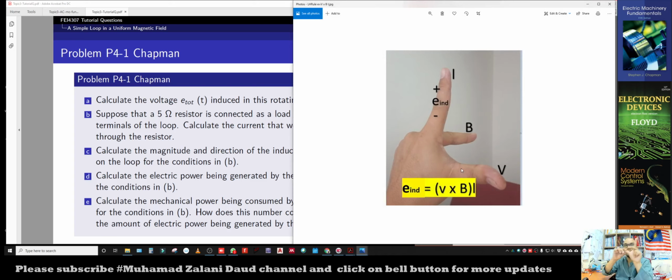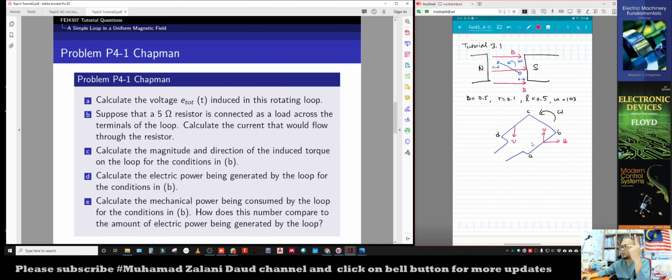We have v as our thumb, B as our index finger, and our middle finger gives the induced voltage direction. Let us apply the left hand rule to this figure. So we have v, B, and it should be like that, which is v cross B. So the induced voltage for this particular figure is in that direction.